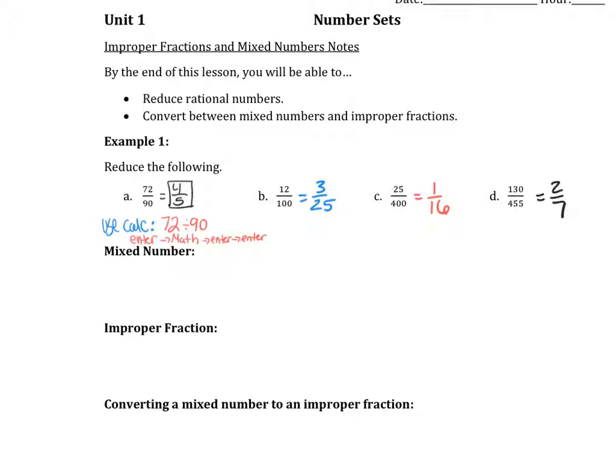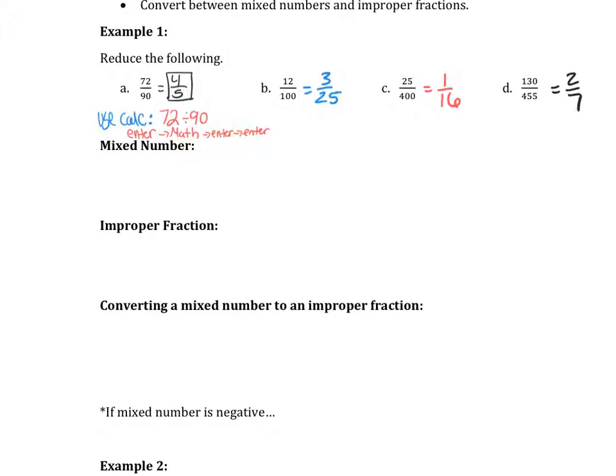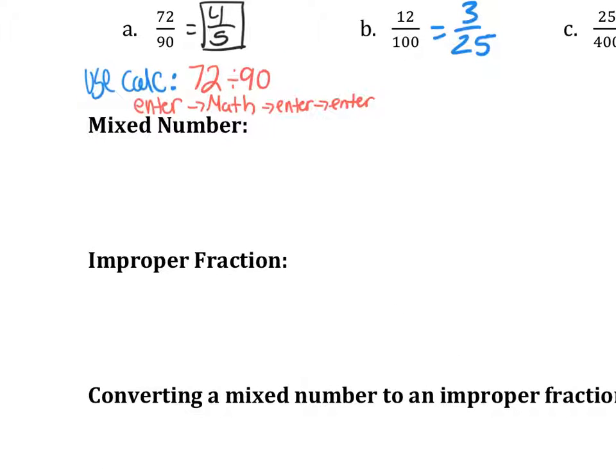All right. Now we're going to talk about mixed numbers and improper fractions and how to convert between the two. So a mixed number is the sum. Remember, sum means addition, the answer to an addition problem.